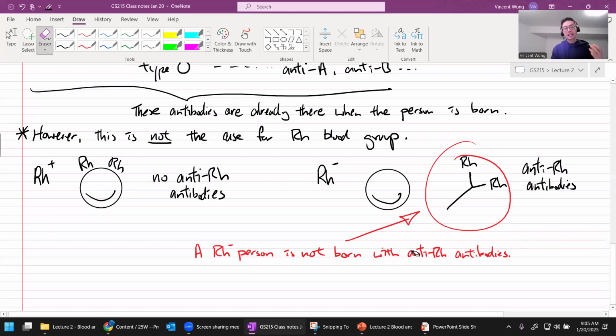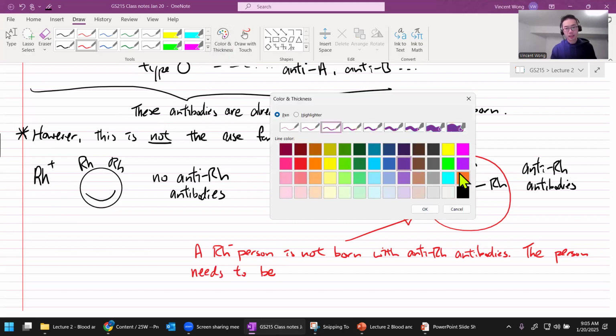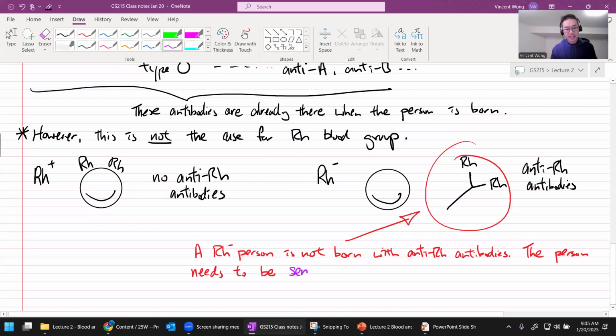An RH negative person is not born with anti-RH antibodies. The person needs to be sensitized. That's the word I want you to learn. Sensitized first before they start to make the antibodies.